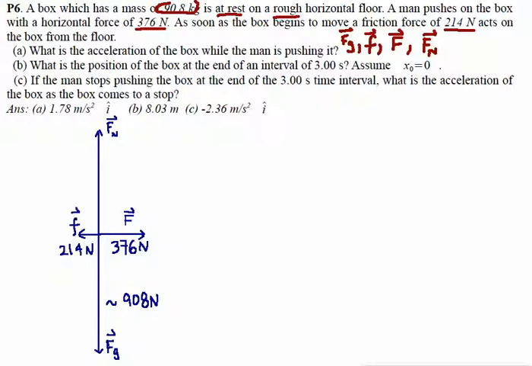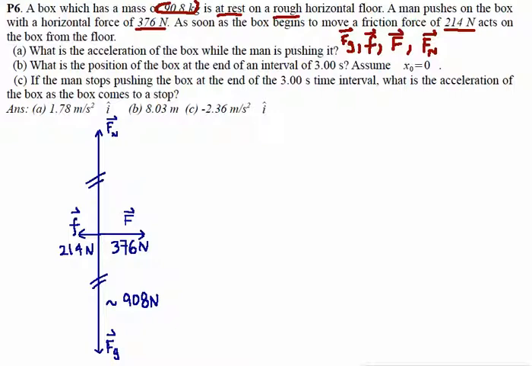Therefore, Fn has the same magnitude as Fg. And finally, we can draw F, which is roughly 400 newtons, a bit less than half of Fg. And then the friction force is roughly 200 newtons, which is roughly half the size of capital F.